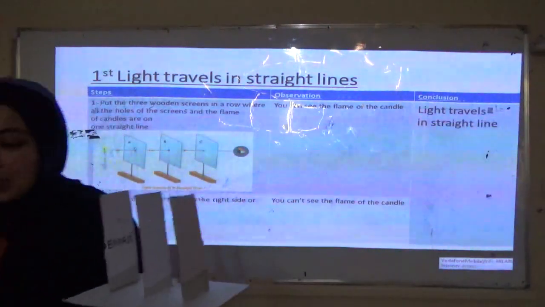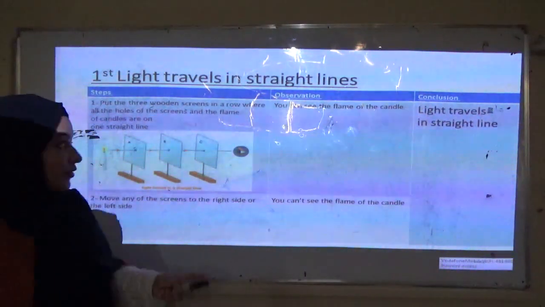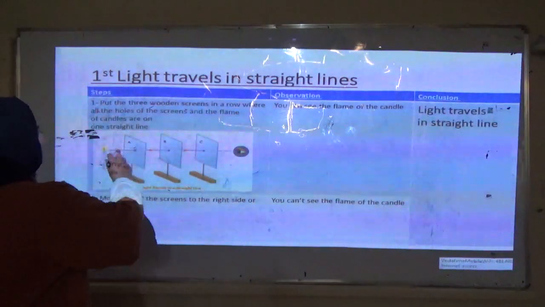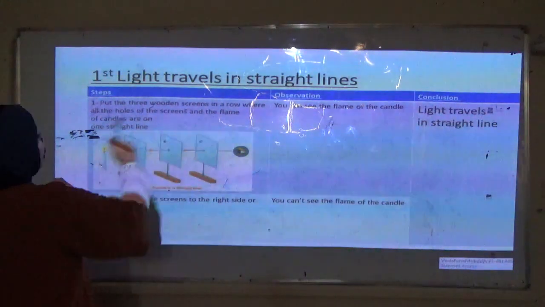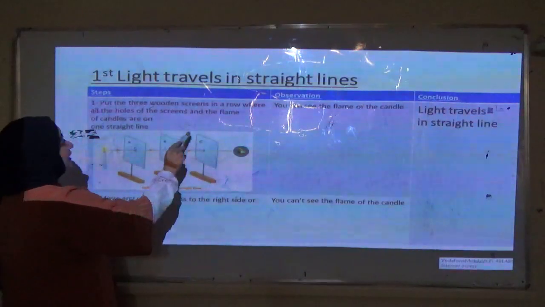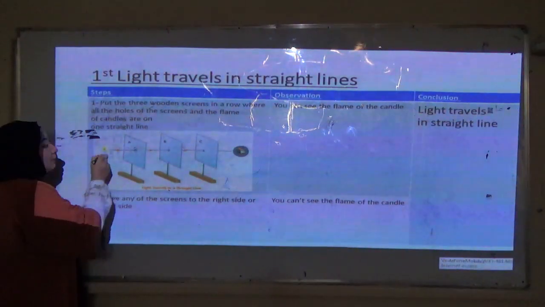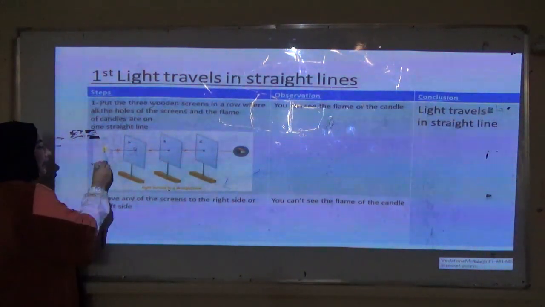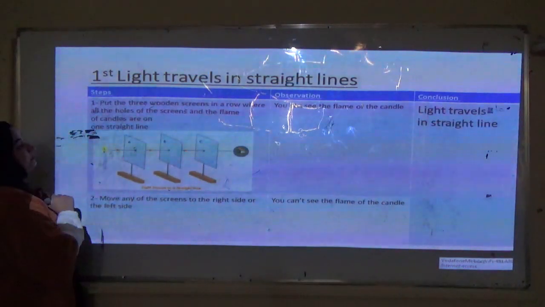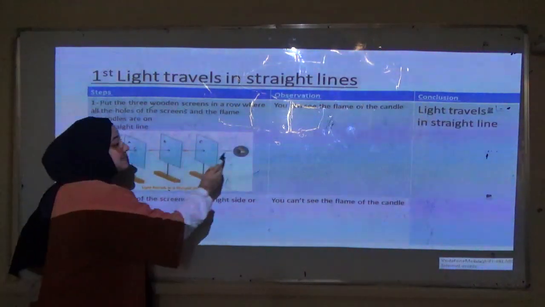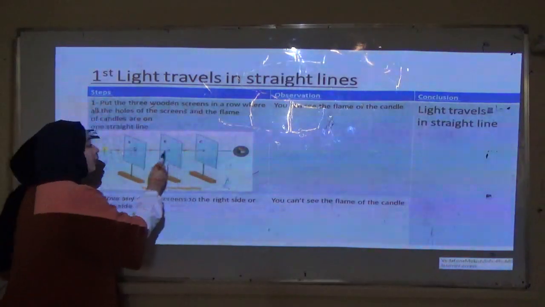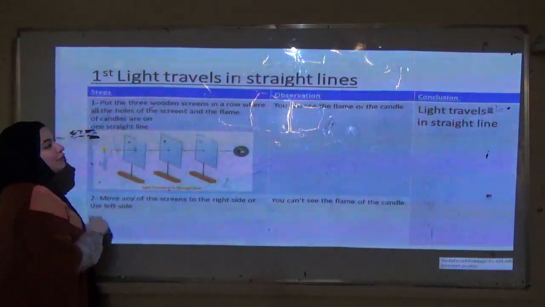And then what I will do is make a hole in these 3 wooden screens. And then I will put a flame or a candle. And then I will see. Now, I can't see the flame of the candle.